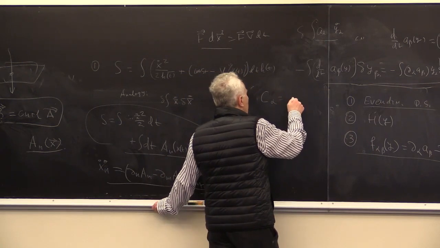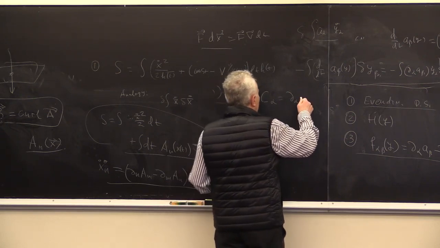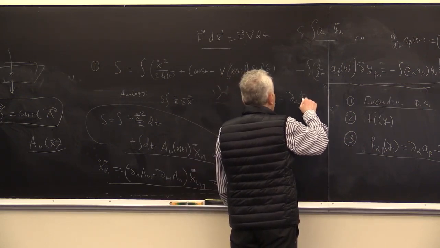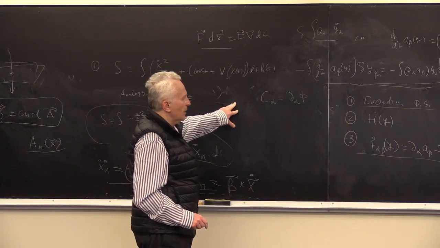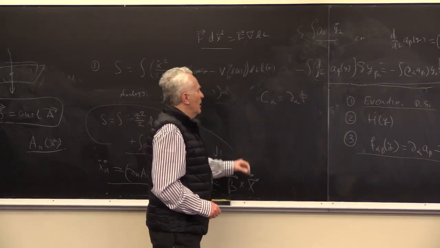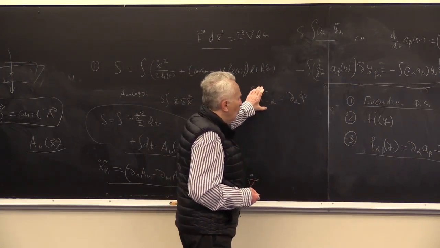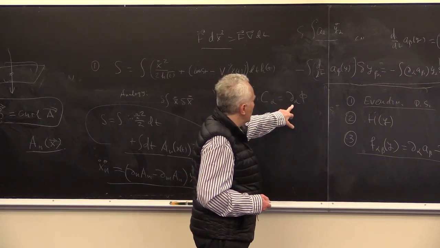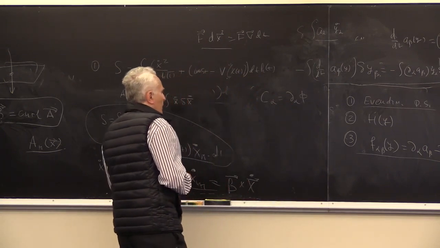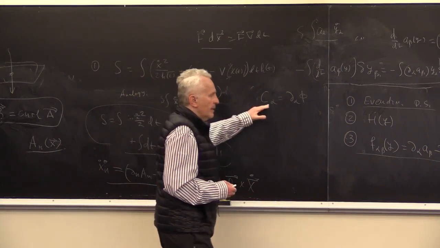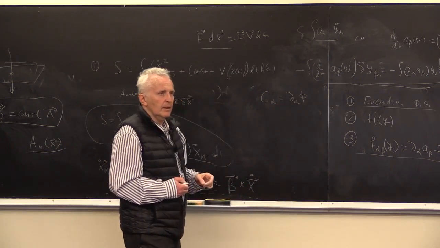And you are asking the question, under what conditions can C alpha be expressed as a partial derivative of some scalar. Or in vector notation, when the vector is the gradient of a scalar. What do you think is the answer? When is this equation solvable?